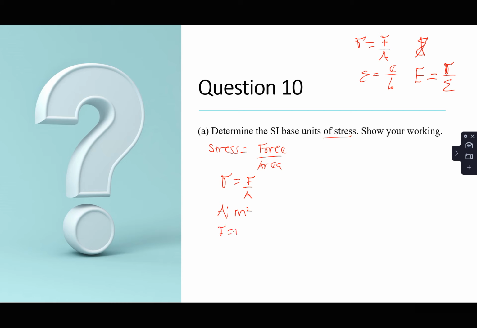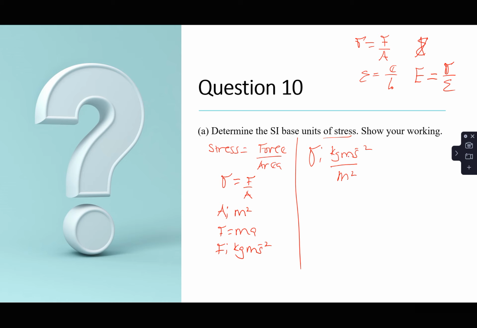Then force is mass times acceleration. So the base units of force will be those of mass, kilogram, and then acceleration, that is meters per second squared. So the base units of stress will therefore be equal to those of force, that is kilogram meters per second squared, divided by area, which is meters squared.